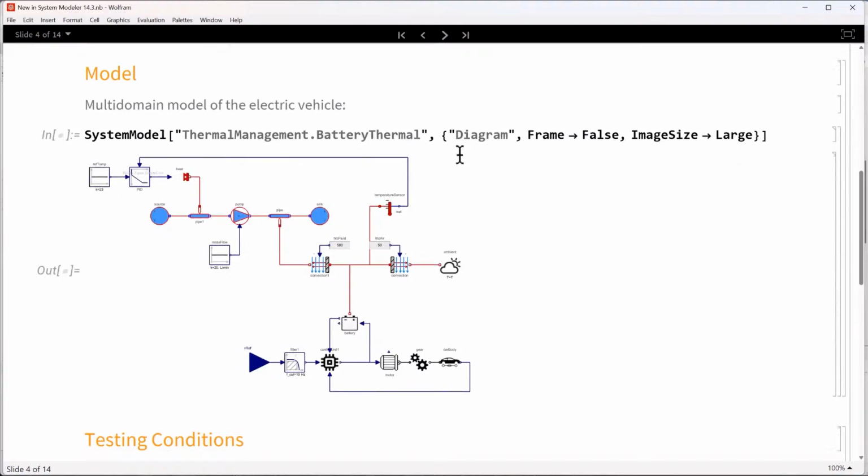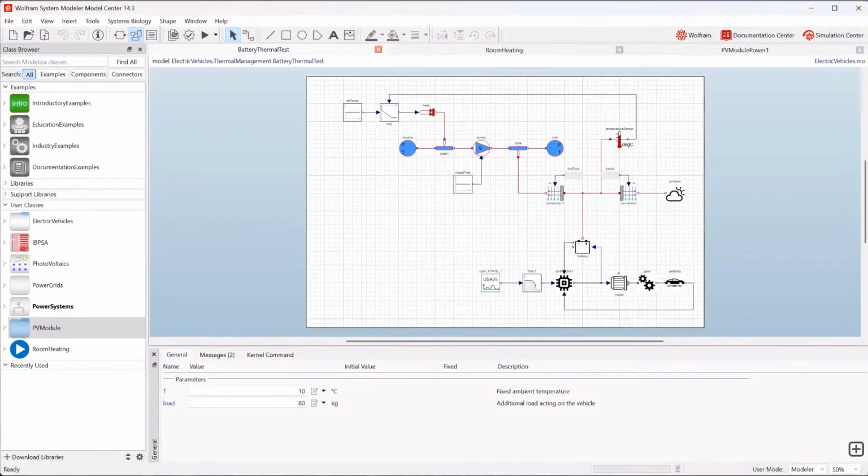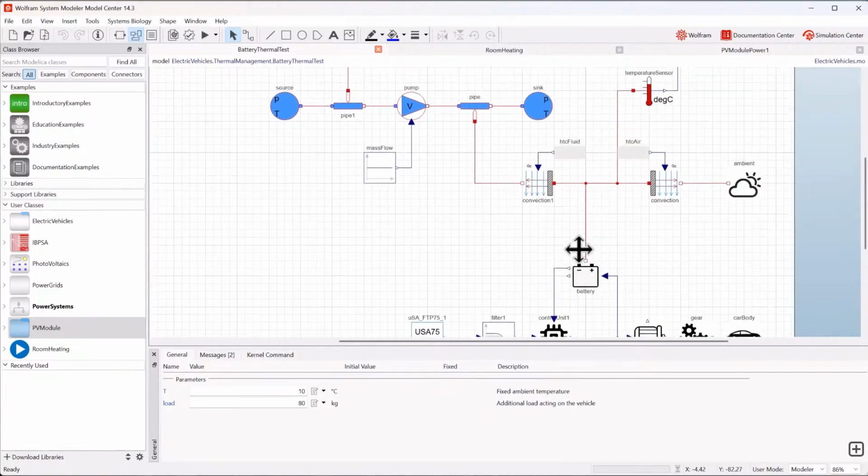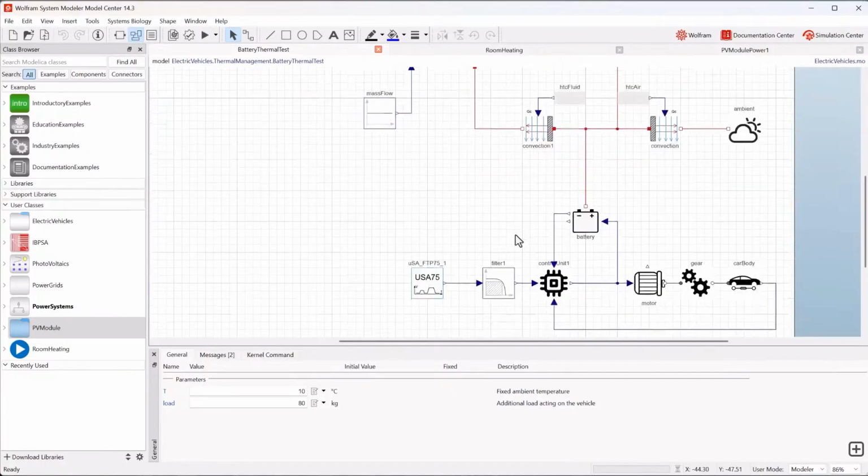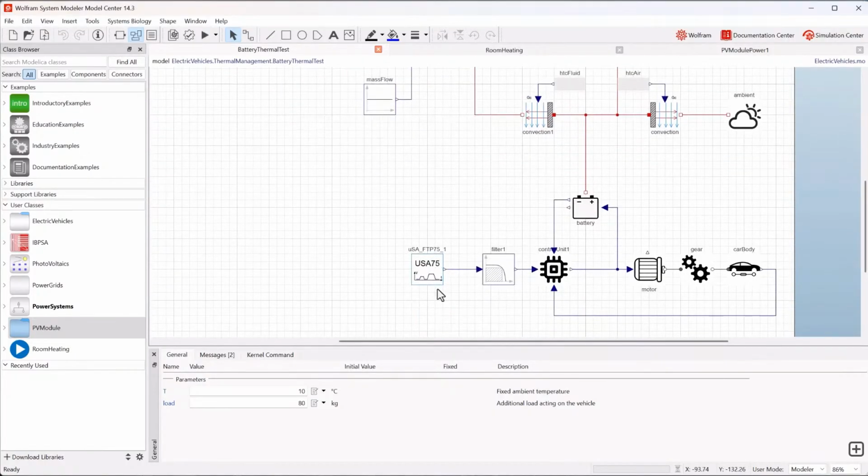Imagine you are the thermal engineer responsible for keeping the battery within safe limits. Let's open the model in System Modeler. Here, you can see the battery connected to its cooling system. We will link this to a drive cycle and simulate the thermal performance.